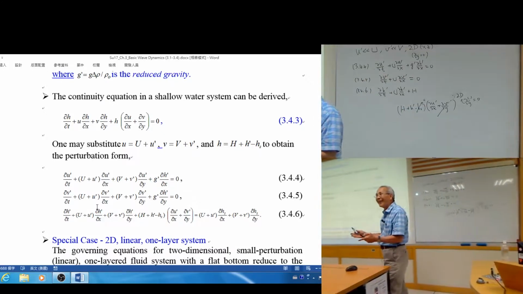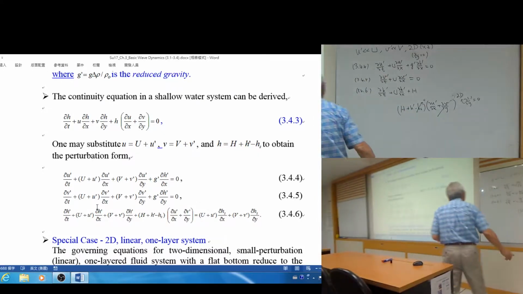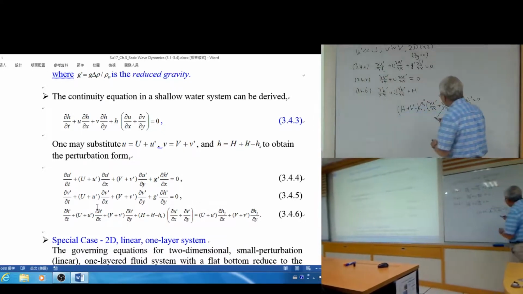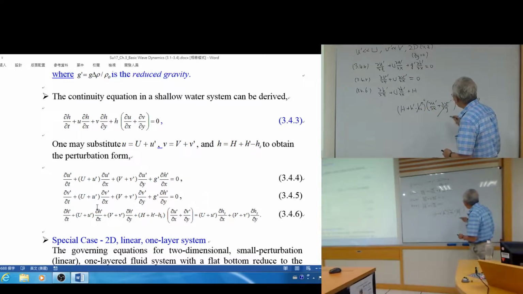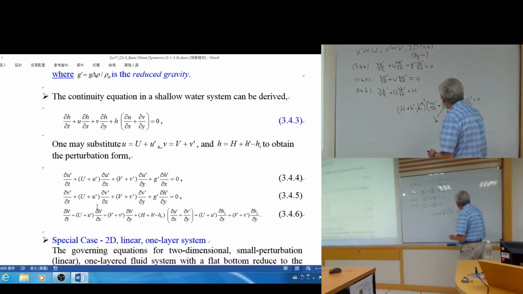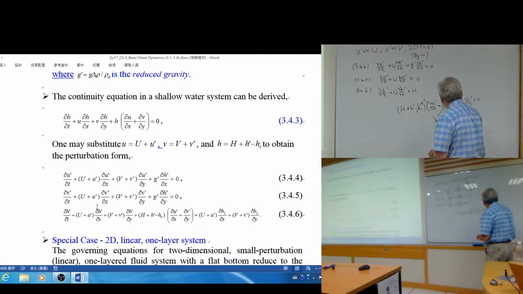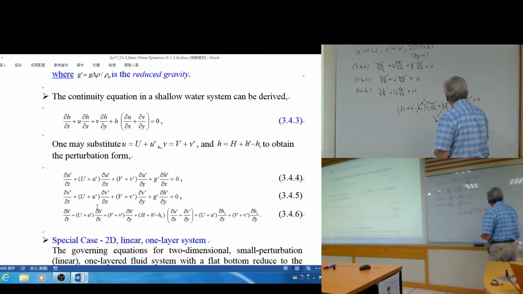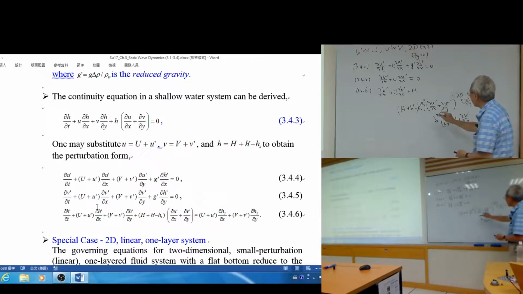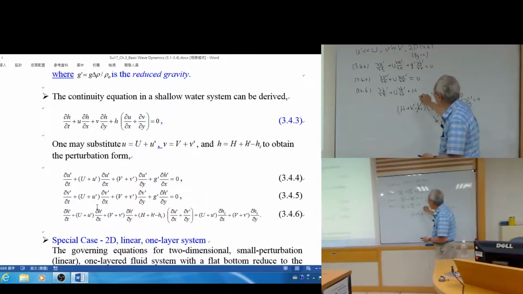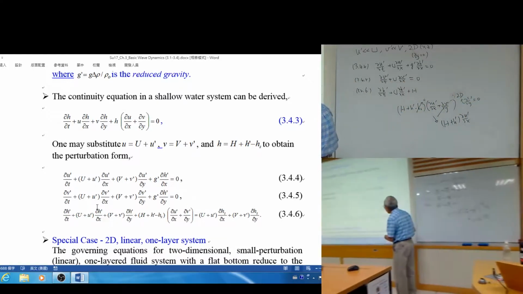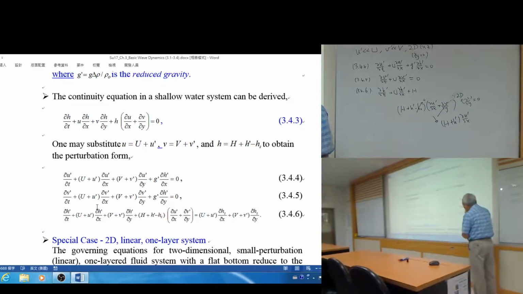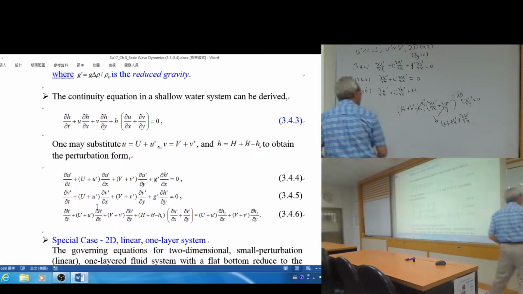Not sleeping, right? And then this will become H plus H prime times du prime dx. I'm talking about this last term on the left-hand side. So it becomes like this.